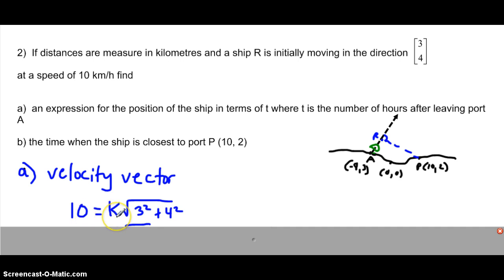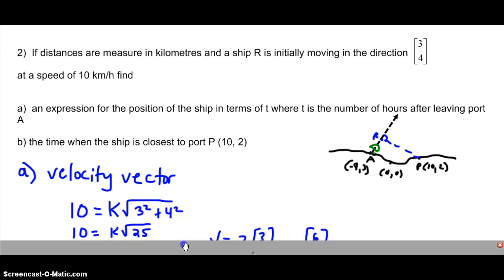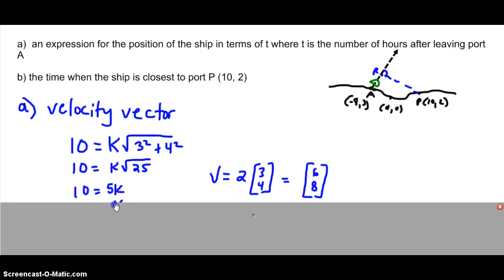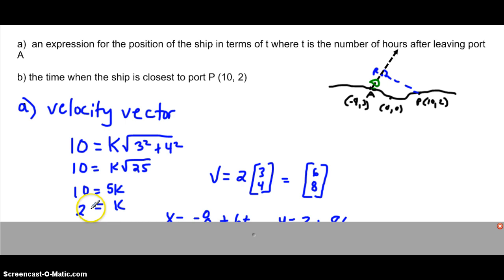So we can solve for k. 3 squared plus 4 squared is 25, so the square root of 25 is 5, and k would be equal to 2. Then we can use that to find our velocity vector. Our k times our direction vector would equal our velocity vector, so that would be 6, 8. 2 times 3 is 6, and 2 times 4 is 8.